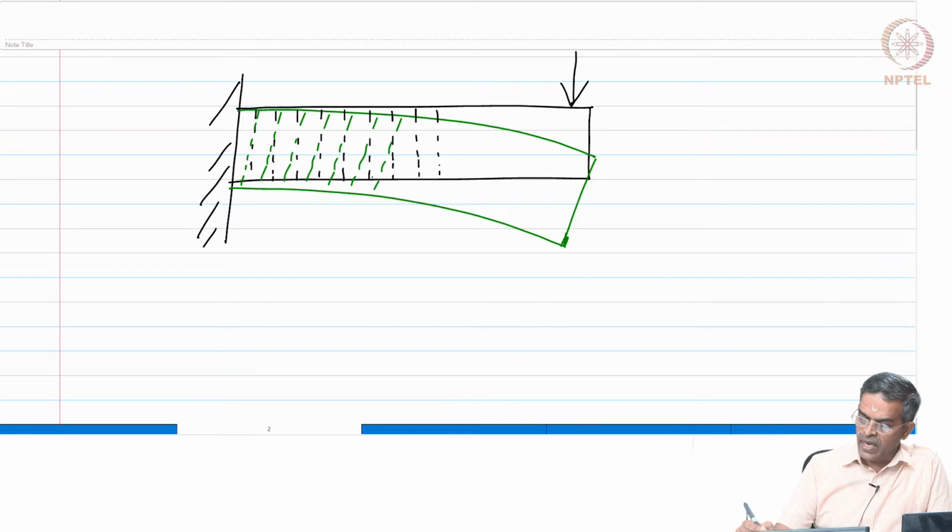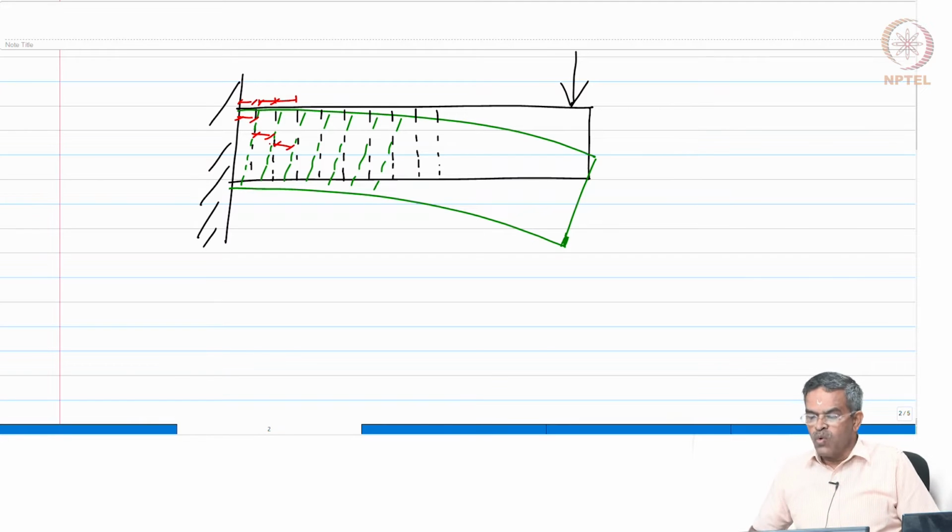So, we clearly say that the segments in the old and new positions are the same; they do not get disturbed. So, there is no warping happening.